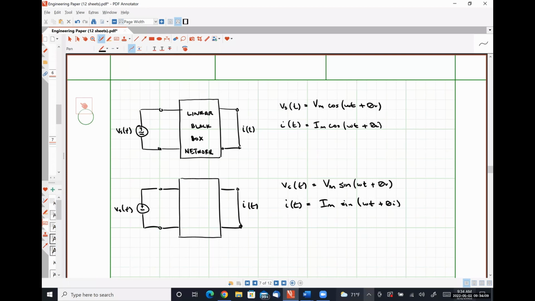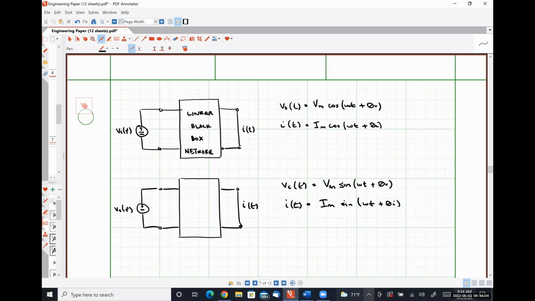The scaling property of linearity says that if we scale the input by a certain amount, the output scales by that exact same amount, right? So if we had a DC circuit and we had analyzed it using 4 volts, and then we decided to change the voltage to 8 volts, whatever initial result we got, we would simply multiply by a factor of 2 to get the same thing.